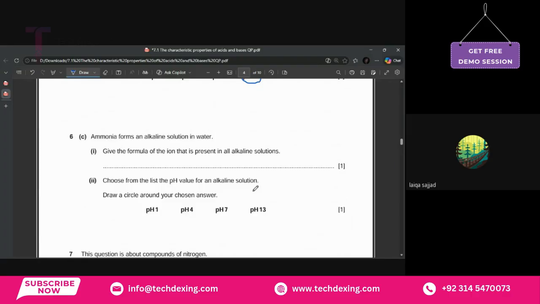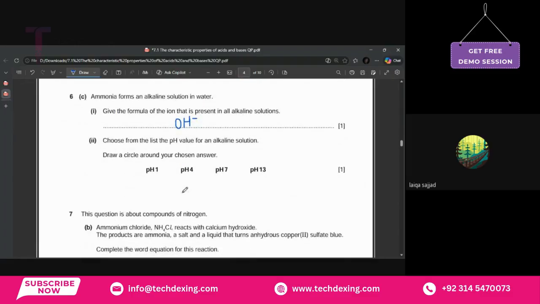Which ion is responsible for making a solution alkaline? Hydroxide. Very good. What's the formula? OH minus. Okay, choose from the list the pH value for an alkaline solution. Draw a circle around your chosen answer. pH 13. Yes.